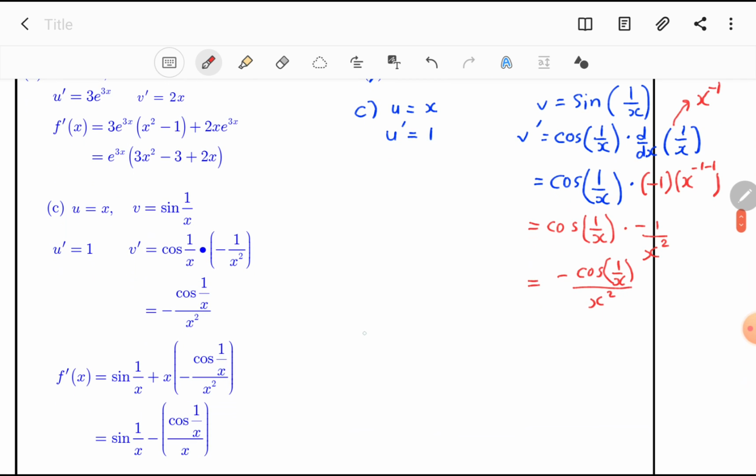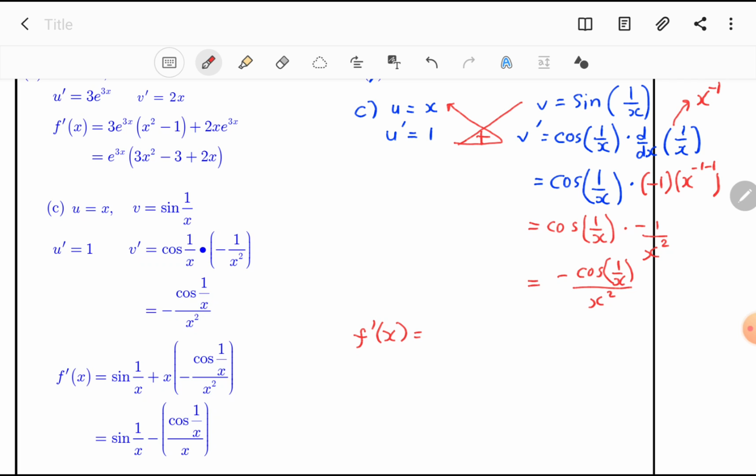So f prime x equals, we use the product rule formula, which is vu prime and then plus v prime u.